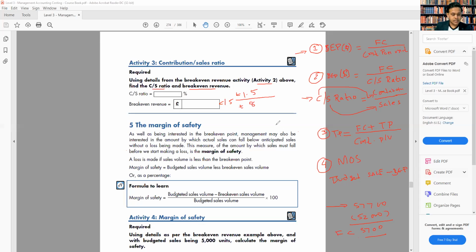So what will be the CS ratio? Remember, the CS ratio we always express as a percentage. So we have to multiply by 100 to make it percent. So we said 1.5 over 8 times 100. So that will give you the percentage for the CS ratio. The question shows the percentage. That's why we have to multiply by 100. So we said 18.75.